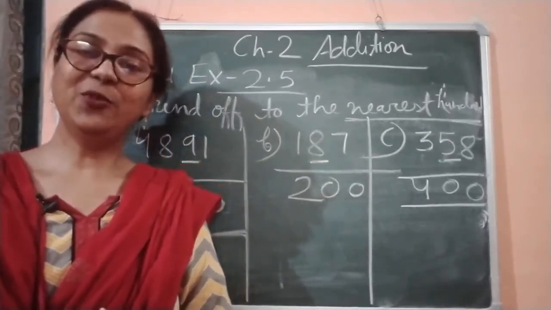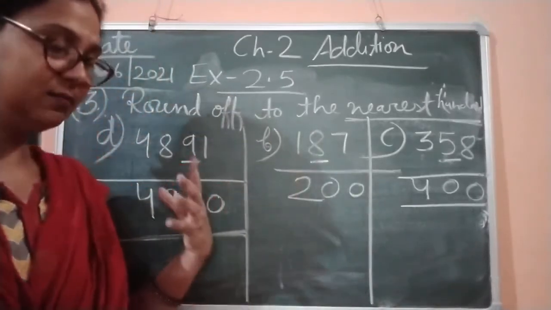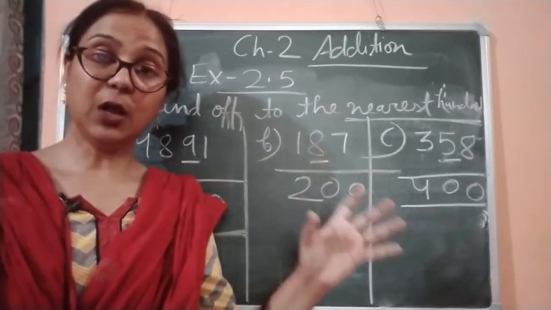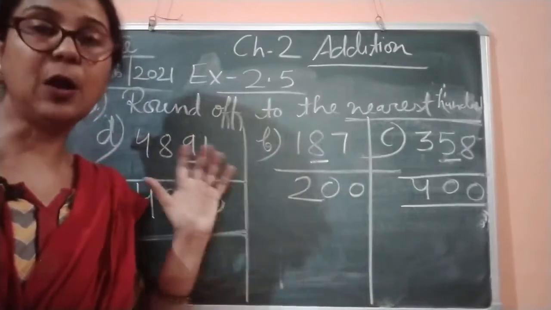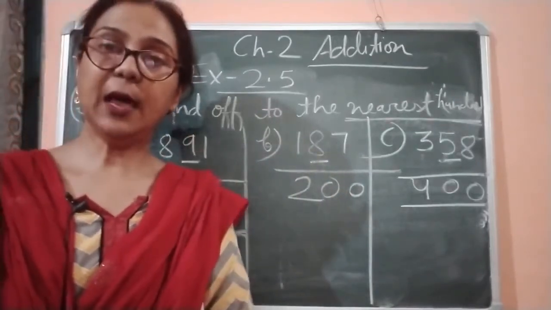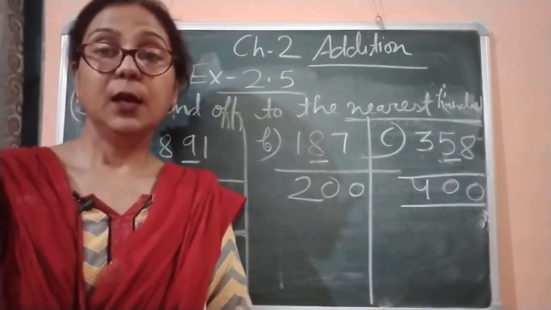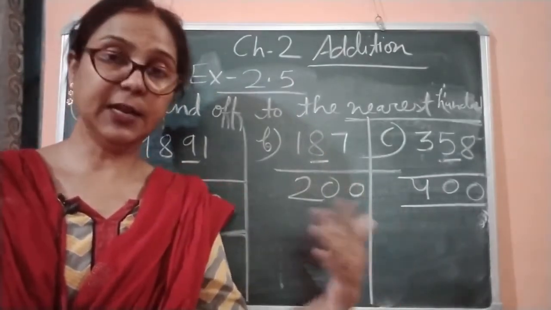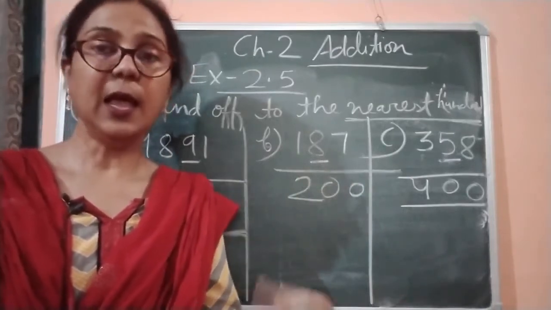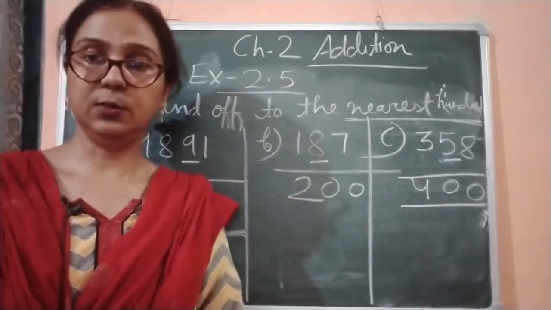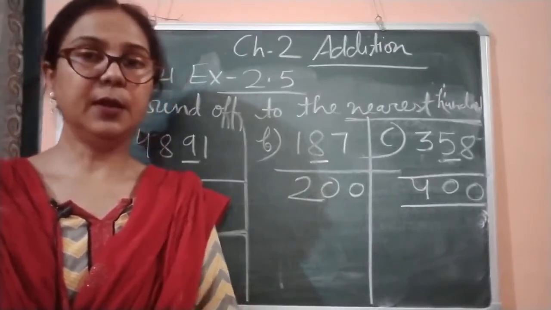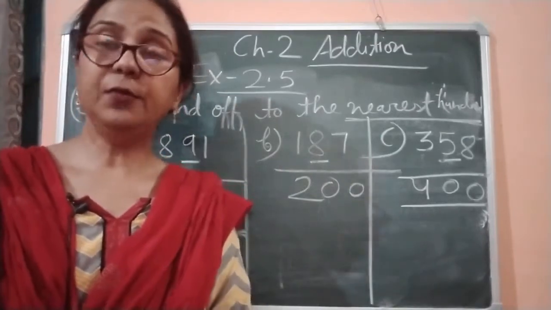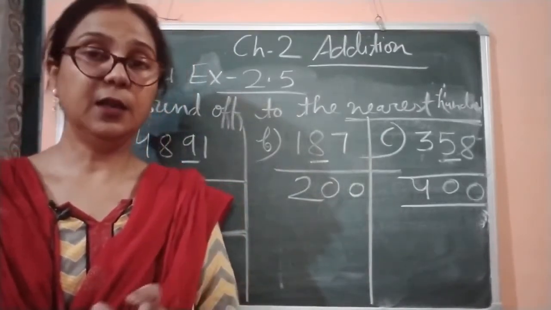Before we start estimating the sum, we should first understand rounding off. What we have learned today is rounding numbers to the nearest tens, hundreds and thousands also. And today we have completed a few exercises based on rounding off numbers to the nearest 10 and nearest 100.